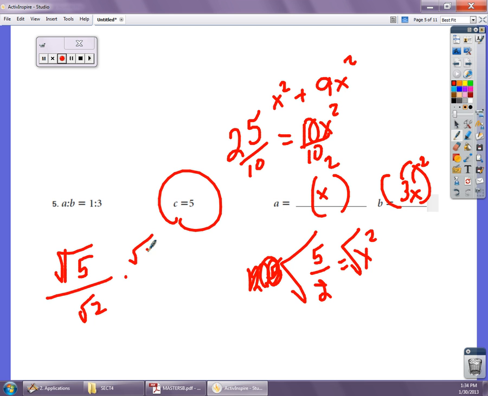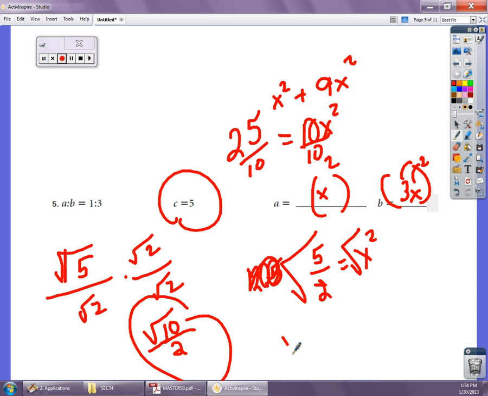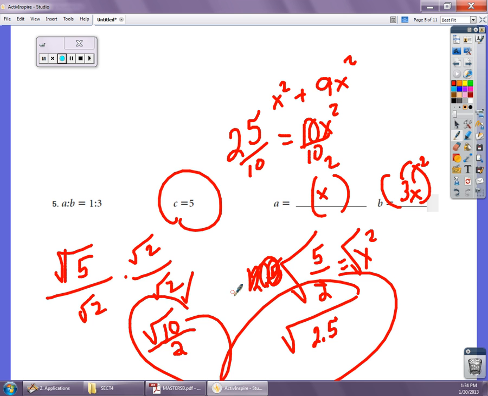I'm going to rationalize the denominator, and you end up with root 10 over 2 as your final answer. Now, technically, if you would have left it as the square root of 2.5, that wouldn't be wrong, but this is a nicer way to put it so you can use this in other problems.